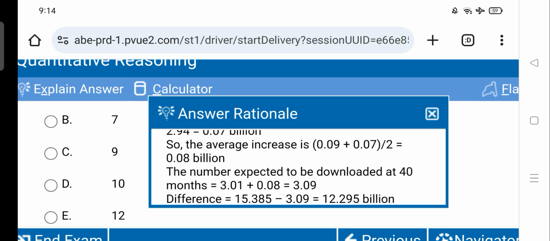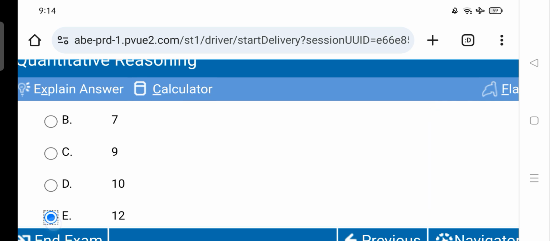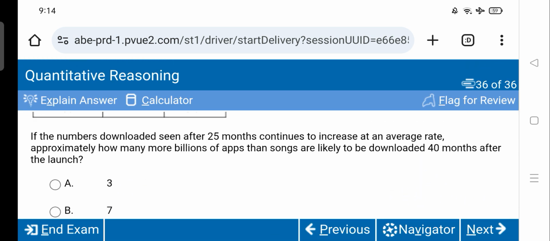So here we have the correct option, option E, which is nearest to 12. So 12 billion more apps than songs are likely to be downloaded at 40 months after the launch.